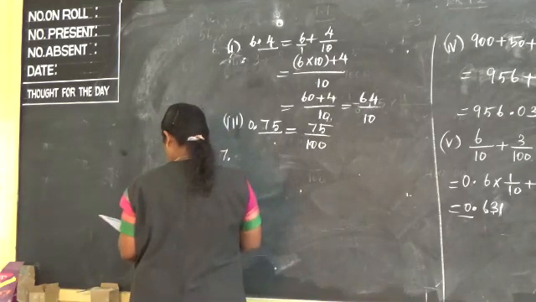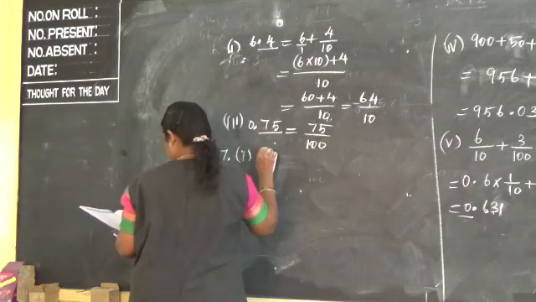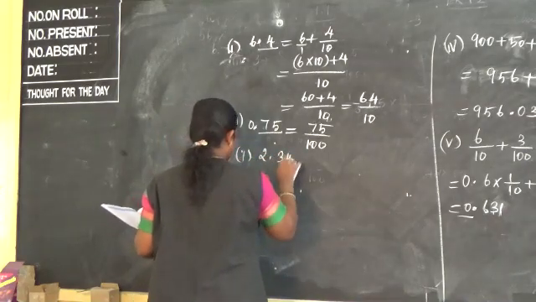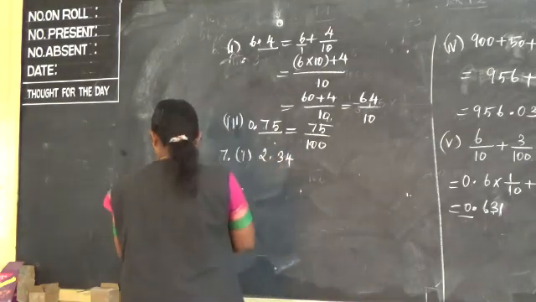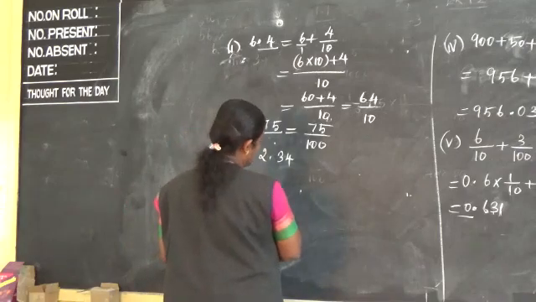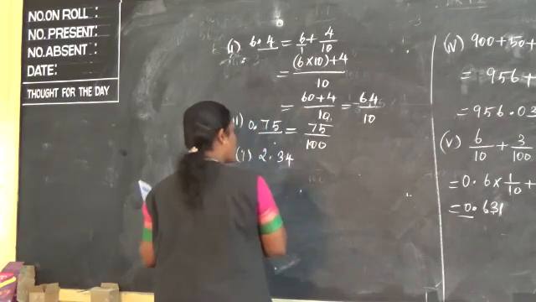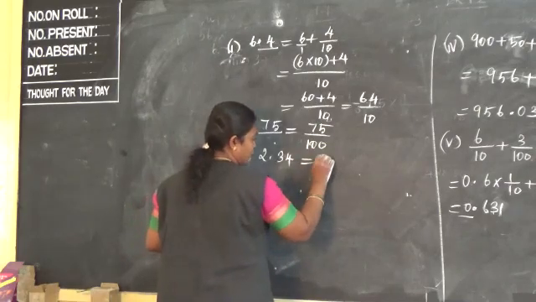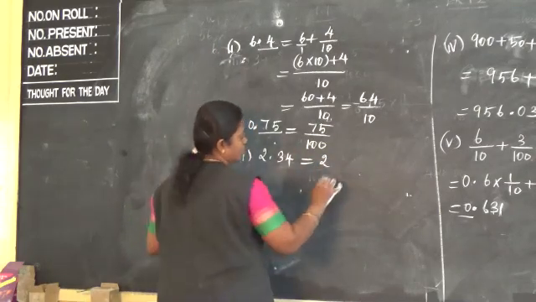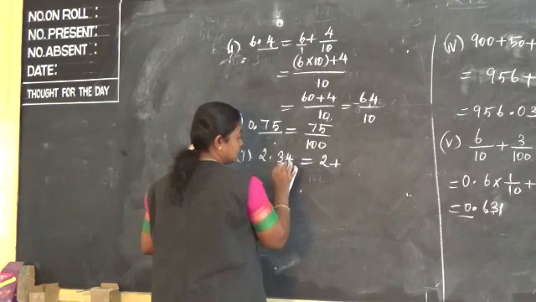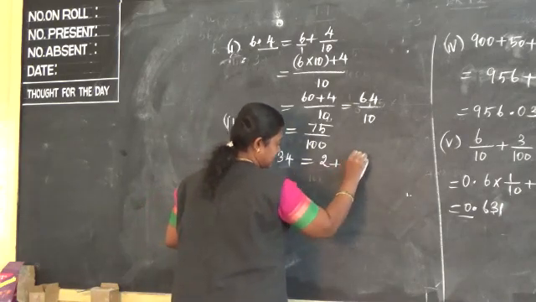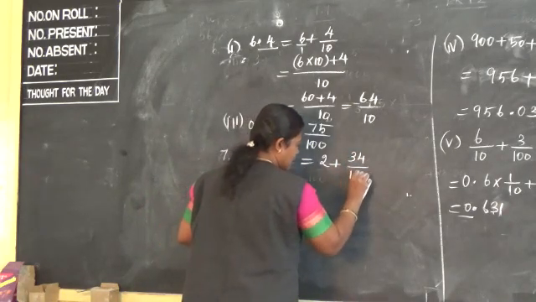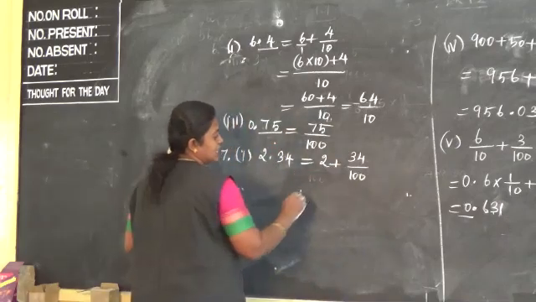Come to the 7th Roman. First subdivision is 2.34. This we have to write in fraction form, also in the lowest form. How to write? 2.34, this is the whole number part, no problem for us. 0.34 we can write as 34 by 100.